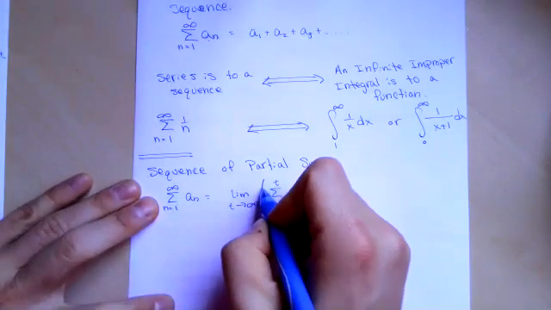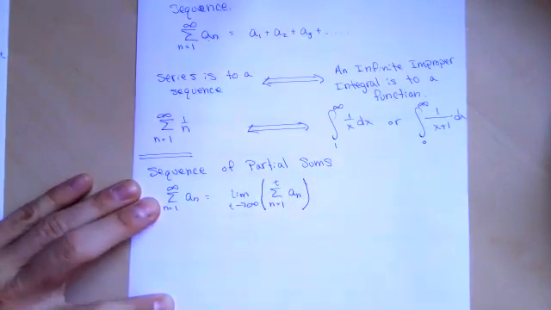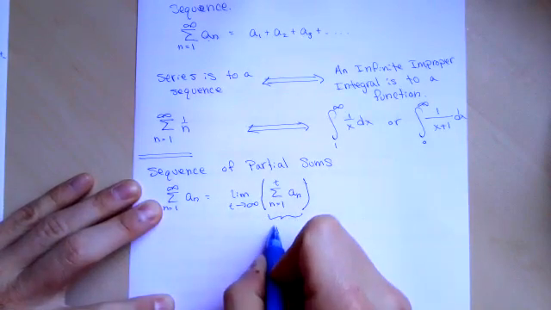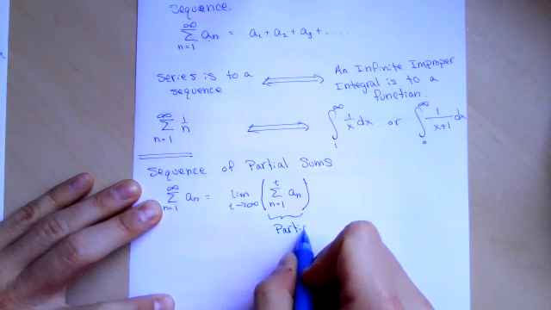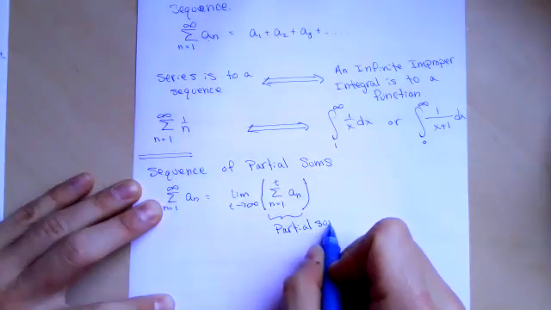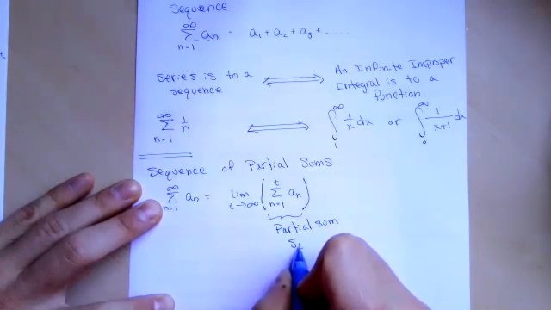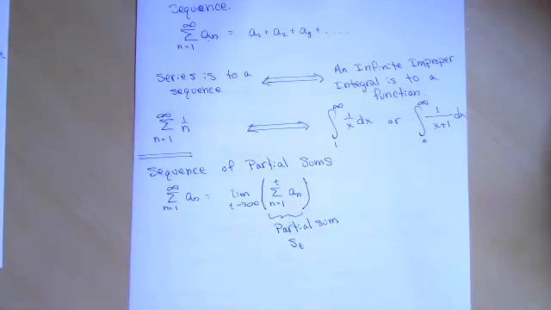And this is what we consider a partial sum, often written S, in this case S sub t.